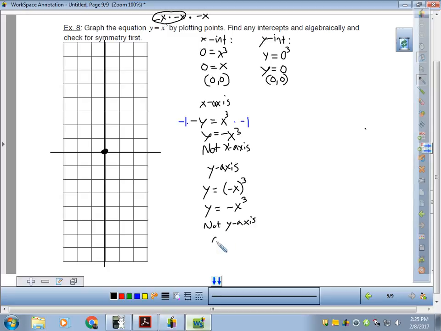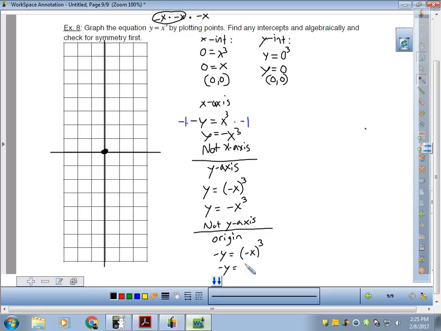And so the last thing to check is origin. I'll draw some lines here to break this up a little bit. So for origin, you change the y to a negative y and the x to a negative x. You do both of them. So I'll have negative y equals negative x cubed. Now what I'm going to do first is simplify this power.